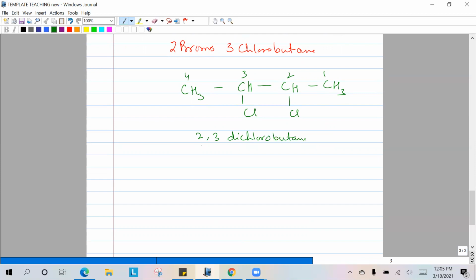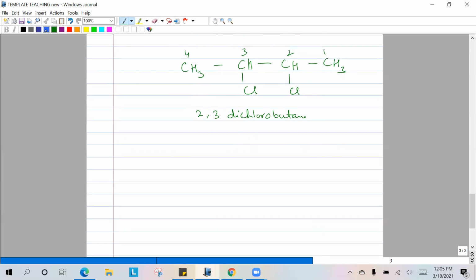For similar substituents, you will use the words di, tri, and so on. For different substituents, you will use alphabetical order. As simple as that. If similar substituents, then you use di, tri, and so on.